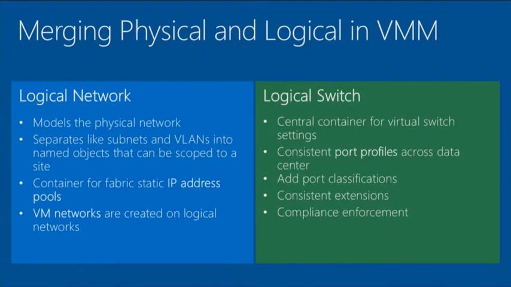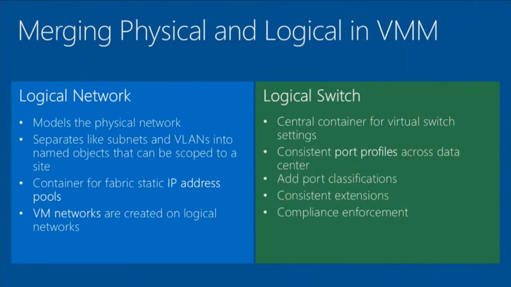So merging the logical and the physical. So we've talked about that physical network, and the logical networking components we'll configure in VMM are telling VMM how we're going to interface with that physical network. So we're modeling the physical network, so to speak. I'm separating my subnets, my VLANs.